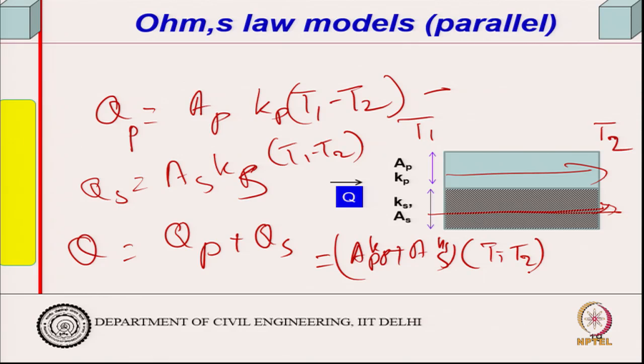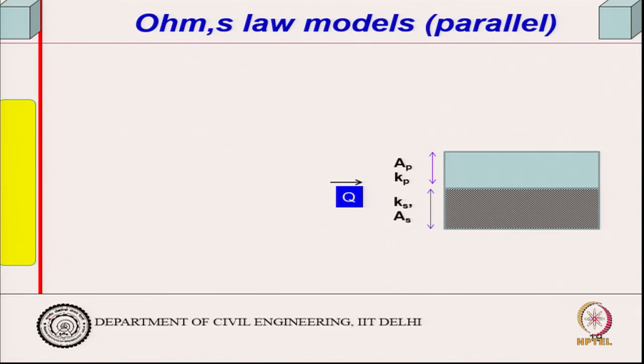So, I can just do this algebra, and therefore the equivalent Ke into A is this value. So, that is what I am doing, summing up the heat flow through each one of them, and then I get AP plus As into Ke must be equal to this.